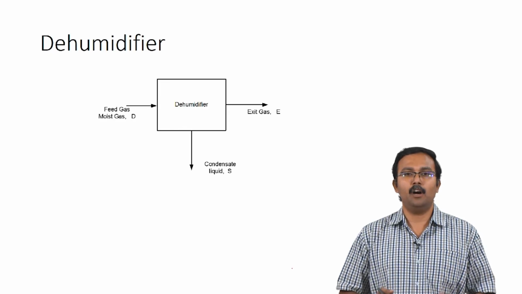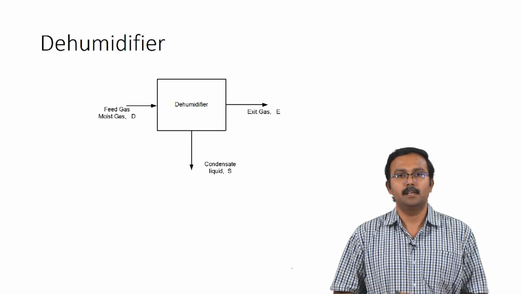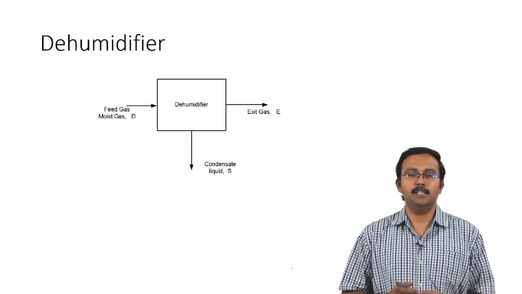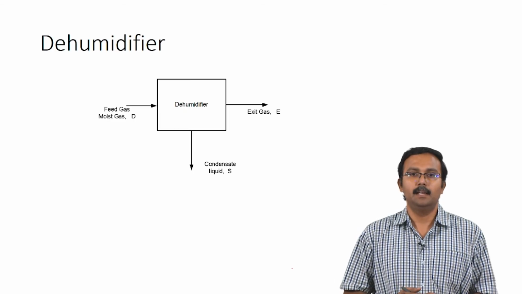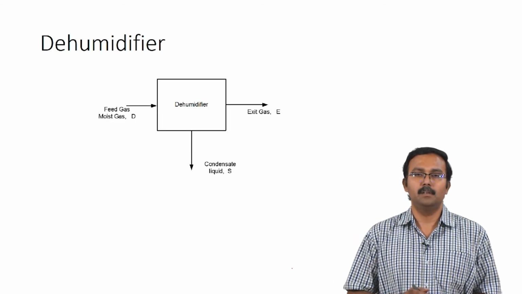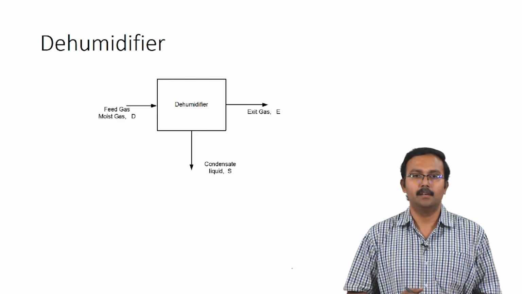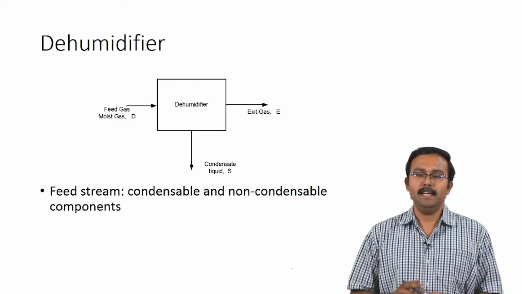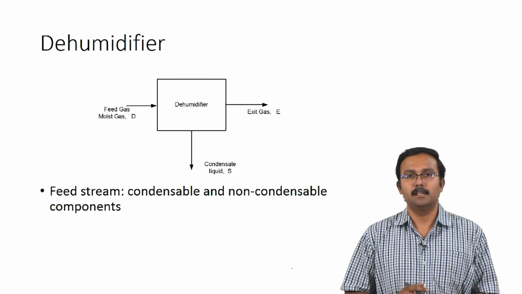Dehumidifier is a common process which is seen in many chemical and biochemical industries. Here a feed gas, which is considered to be a moist gas, enters into a dehumidifier and you have two exit streams, one being the exit gas and the other the condensed liquid. The feed stream contains condensable and non-condensable components.